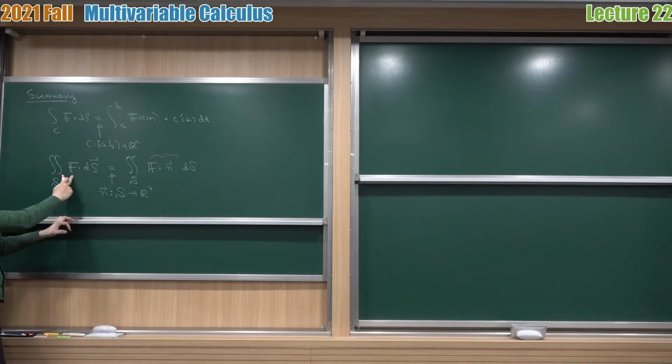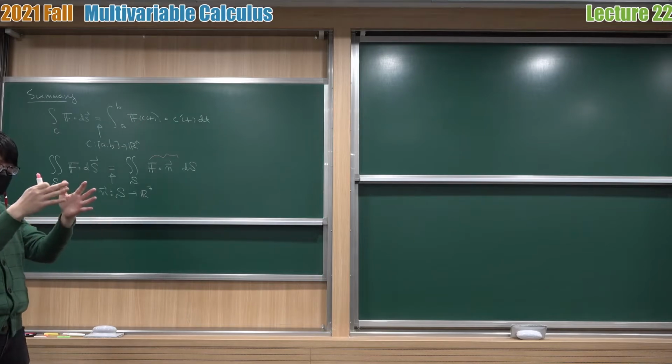So look at this F. F is defined on a space which contains the surface. What we are actually doing is we're only interested in the vector field at the surface.